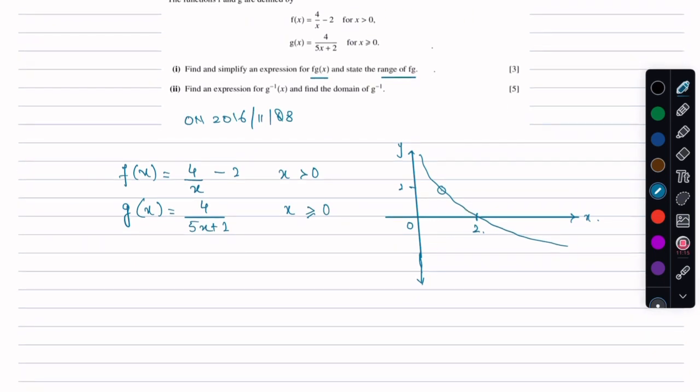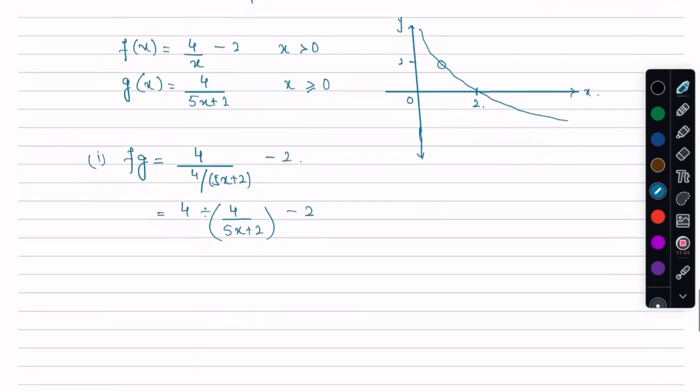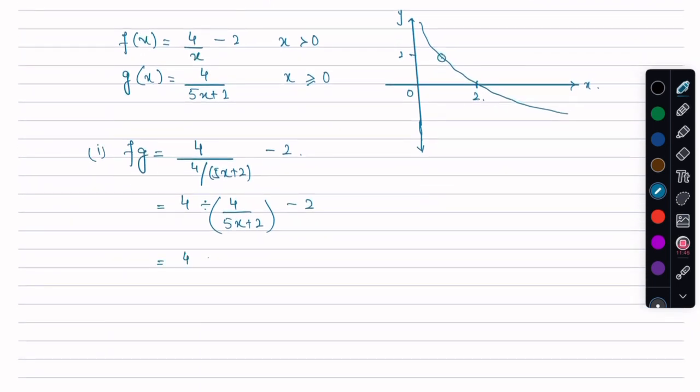So the question says find f of g. To find f of g, in the function f, I should be substituting g in place of x. So it's 4 divided by 4 over 5x plus 2, minus 2, and solving it further, it's 4 into 5x plus 2 divided by 4, minus 2.